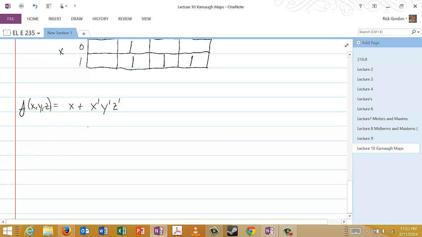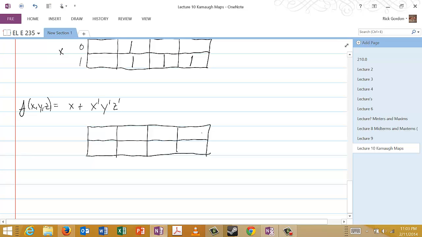So once again, this is a function of 3 variables. So our Karnaugh map will have 8 cells.